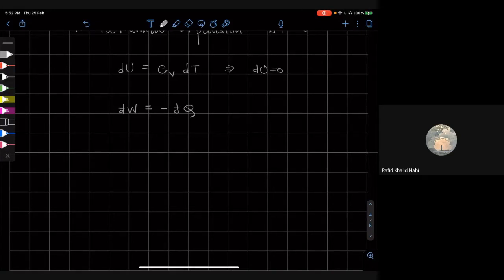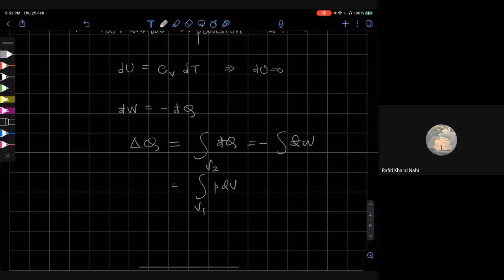So that means that the heat absorbed is going to be dQ, and that'll be minus dW, which is P dV, and this goes from V1 to V2.